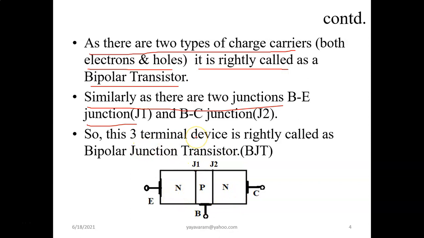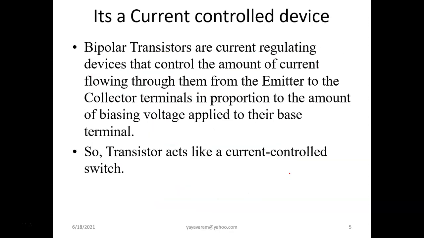So it has two junctions and two types of carriers. Hence, it is called a bipolar junction transistor. Therefore, this three-terminal device is rightly called a bipolar junction transistor. This is the most important thing that you should remember: why a transistor is called BJT.